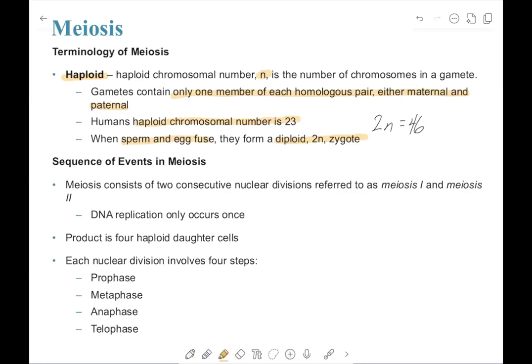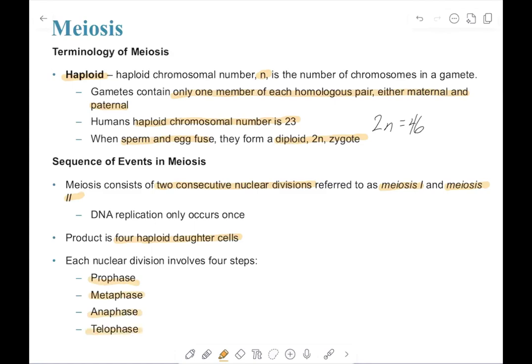For the sequence of events of meiosis, it's different from mitosis because it has two consecutive nuclear divisions, referred to as meiosis 1 and meiosis 2. The product is 4 haploid daughter cells. Each nuclear division has the 4 steps, which are prophase, metaphase, anaphase, and telophase.